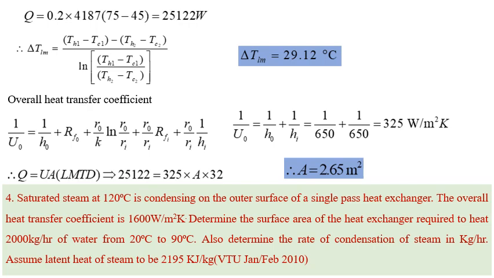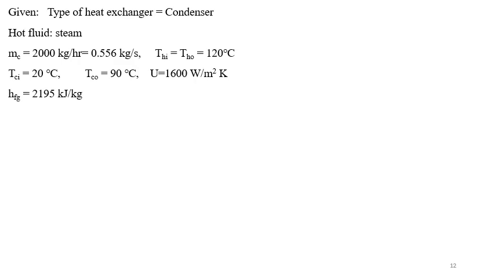So we will note down all the given values, and then later we will solve it. The type of heat exchanger is condenser, hot fluid is steam, and cold fluid is water. Mass flow rate of cold fluid is 2000 kg per hour, so it is 0.556 kg per second.